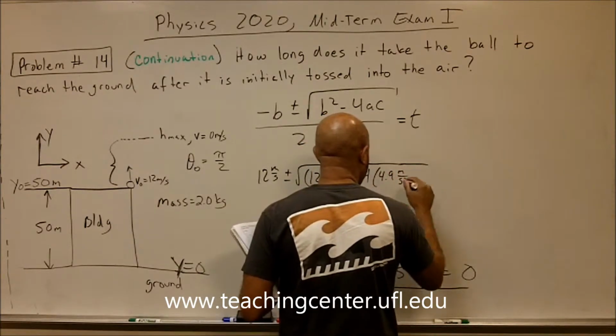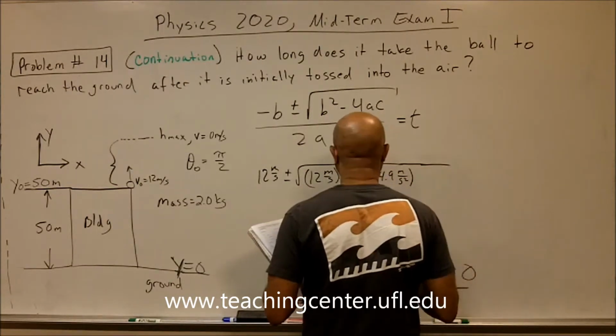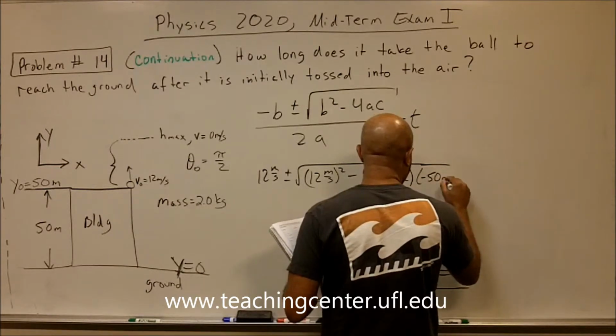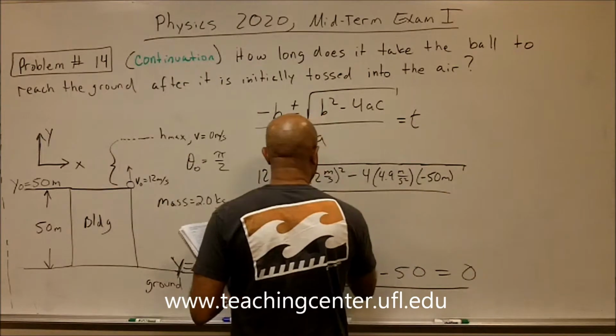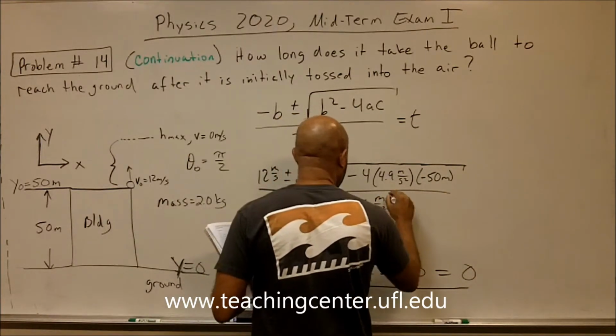Remember, we just divided the gravity by 2. Times c, which is minus 50 meters. And that's all going to be over 2 times 4.9 meters per second squared.